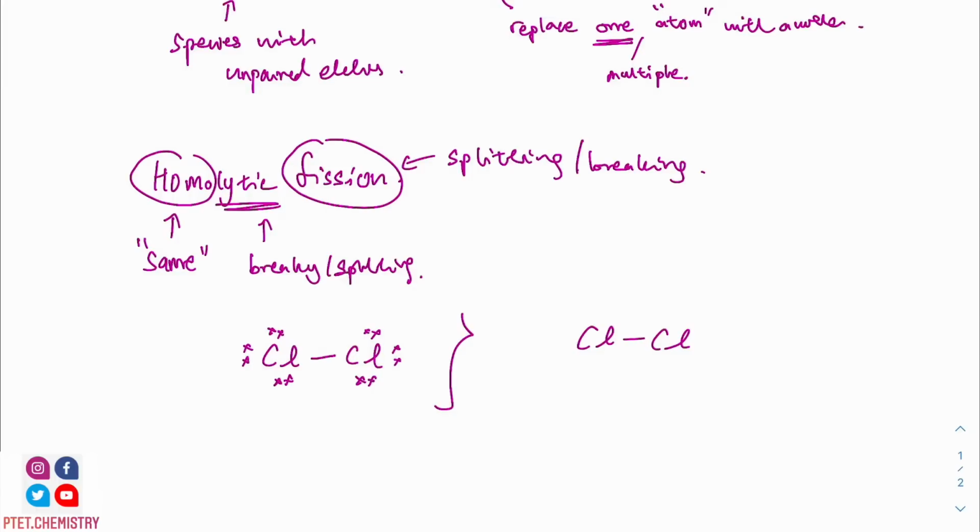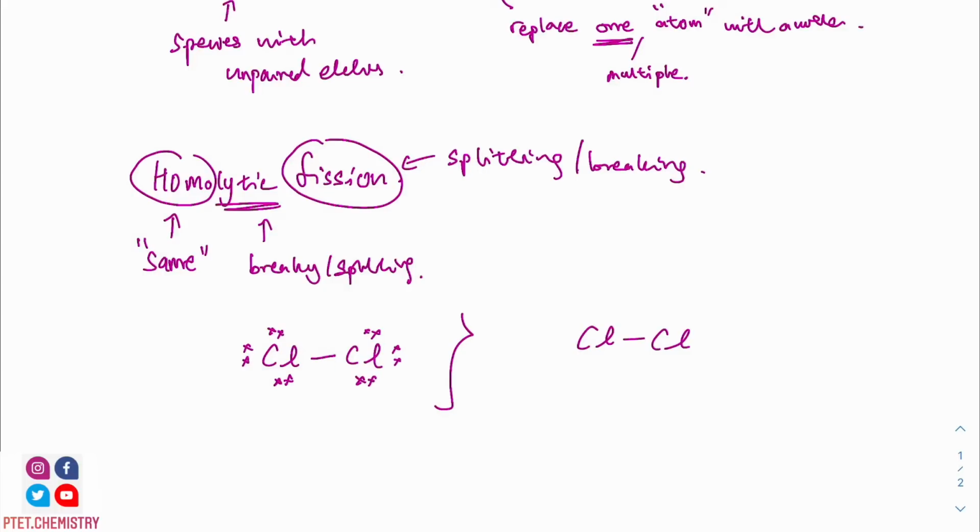Homolytic fission represents a type of breaking or splitting of covalent bond in such a way that the electrons in the covalent bond are split equally. Meaning to say, there are 2 electrons here. When I split it, they are split equally, meaning 1 electron will go here, 1 electron will go there. To show that, we use arrow.